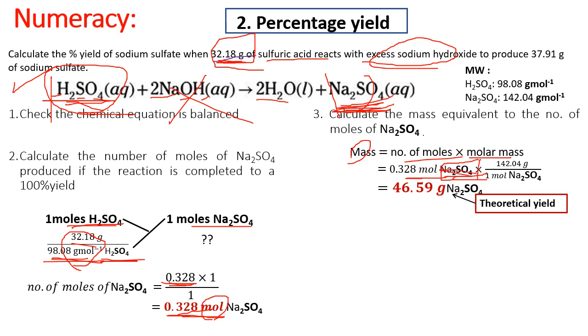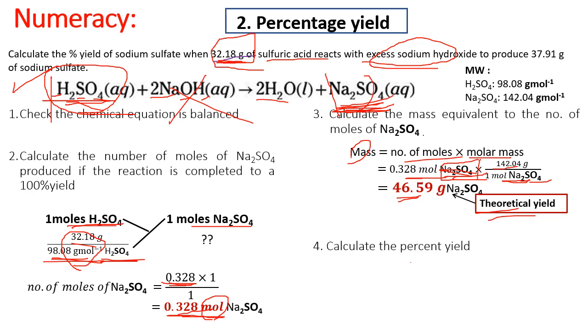So you need to calculate it. 2 times the atomic mass of the sodium plus the sulfur plus 4 times 16 for the oxygen, which will give you 142.04 grams per mole. So now I will do the number of moles calculated, 0.328, multiplied by 142.04. I will get 46.59 grams, and this would be my theoretical yield.